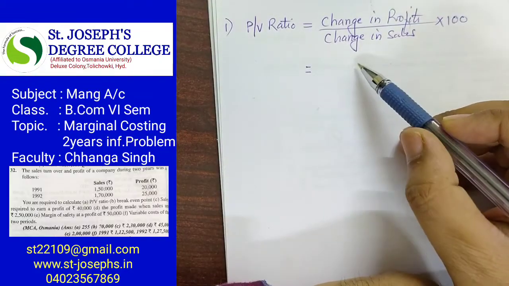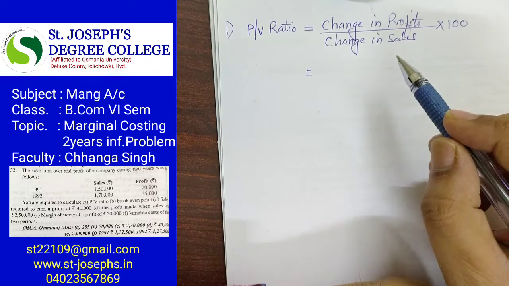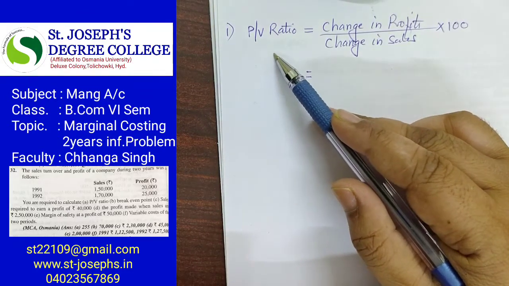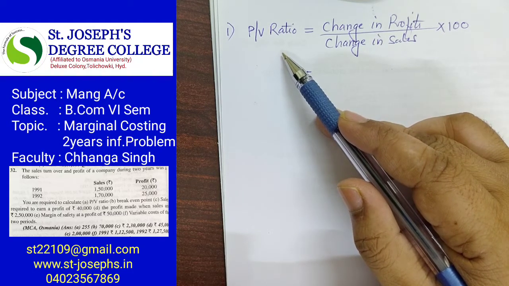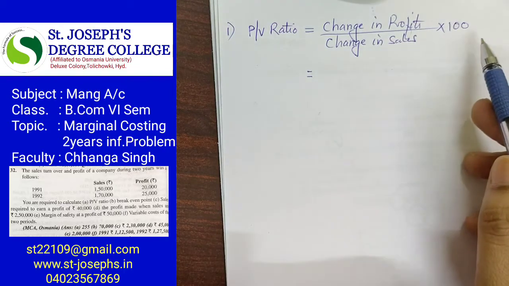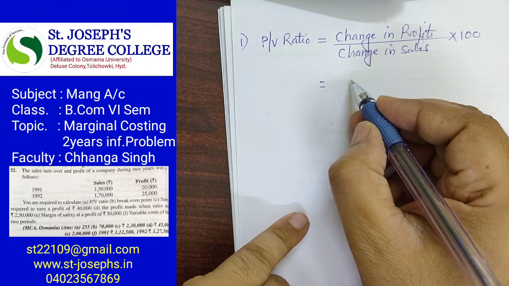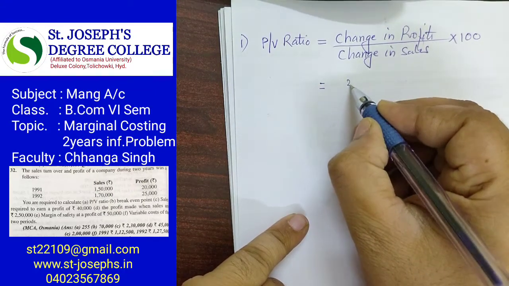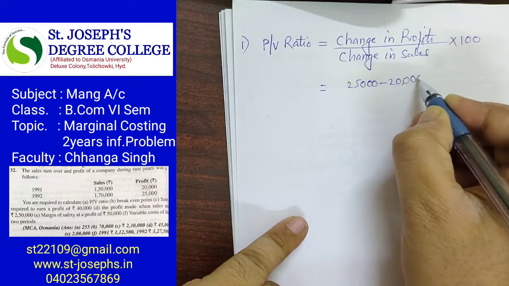In case of such type of two-year informative problems, always start your solution with calculation of PV ratio. But the formula for calculating PV ratio is different here. Change in profit by change in sales into 100. Here, change means current year minus previous year. Change in profit is 25,000 minus 20,000.